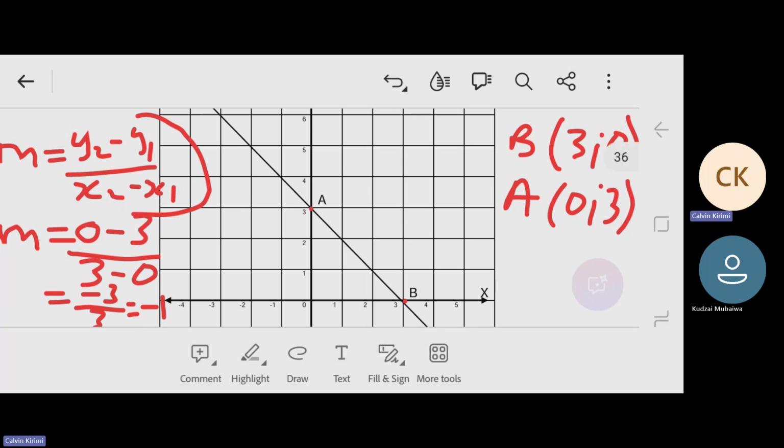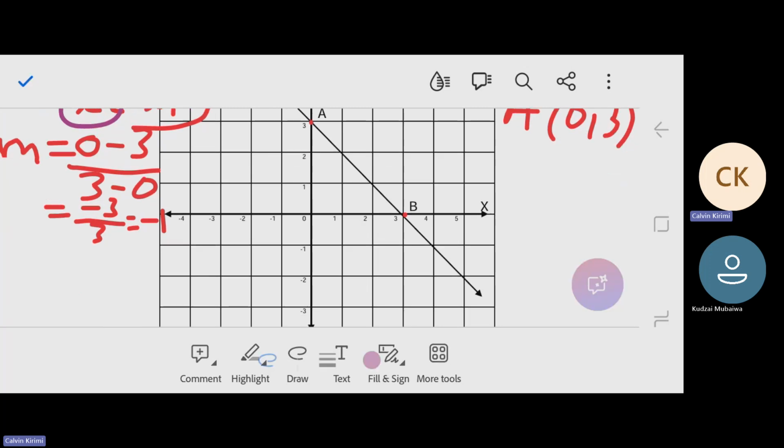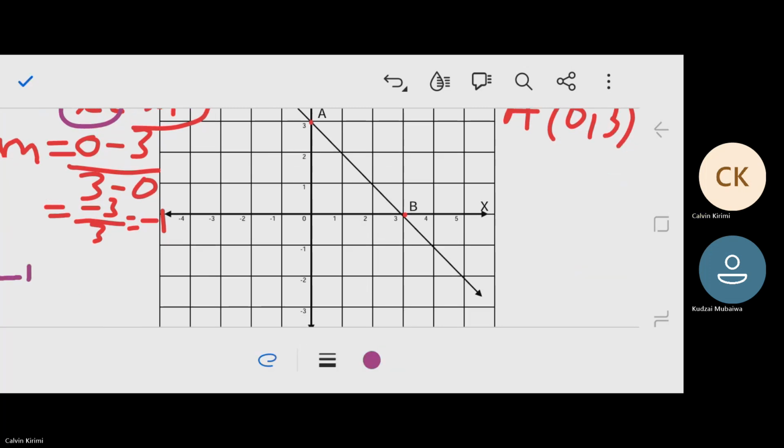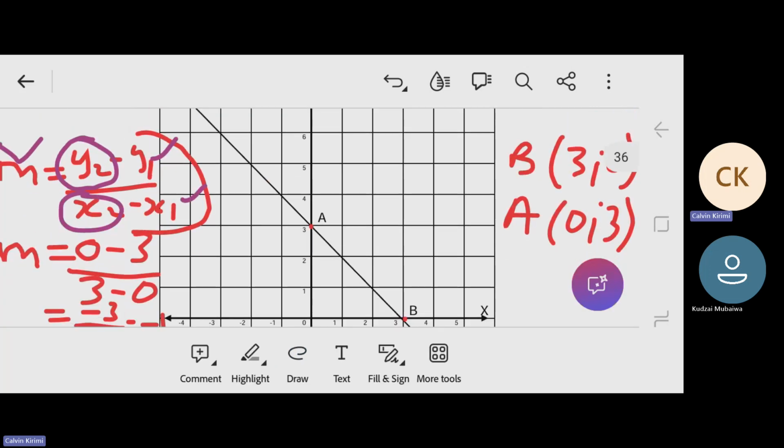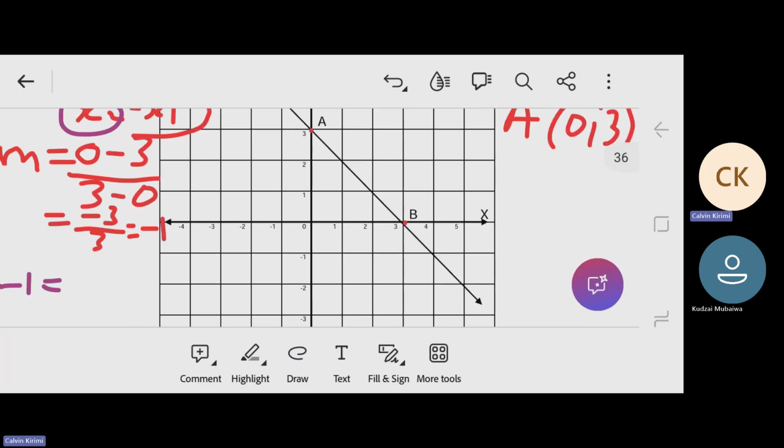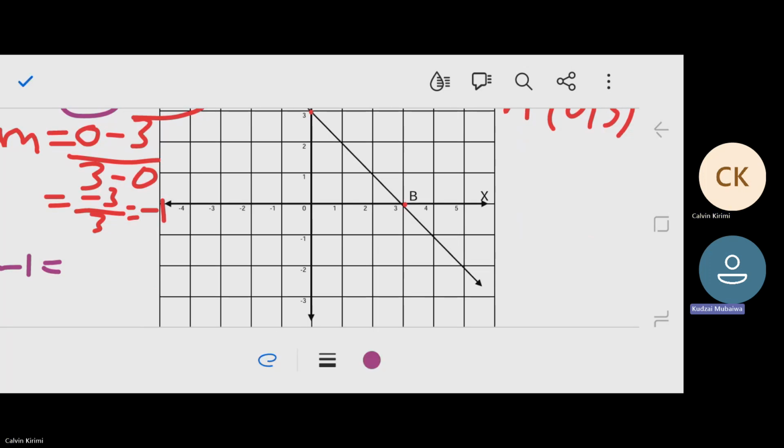In other words, what do we mean by that? Where there is m, we are going to say -1 is equal to, because our gradient is -1. Y2 and y1 stay the same as they are. Instead of writing y2, you are just writing y.